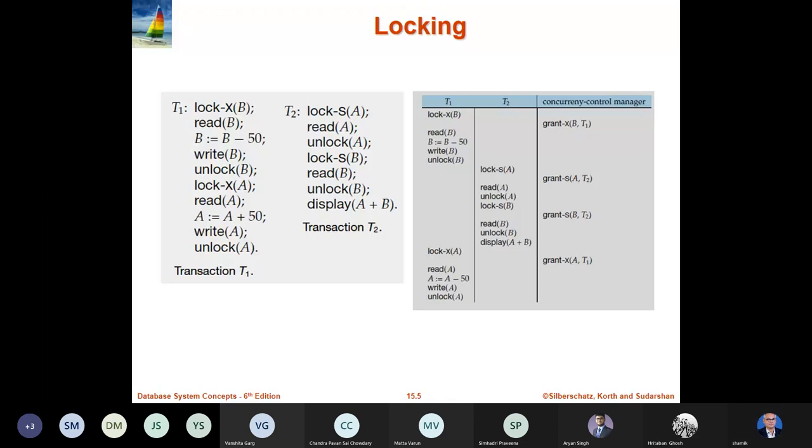The schedule that has been generated is not serializable, because neither can you move this read B of P2 above the write B of P1, nor can you move this read A of P2 below the write A of P1. So it is a locking mechanism, but it did not necessarily lead to serializable schedule generation. Are you able to follow that?